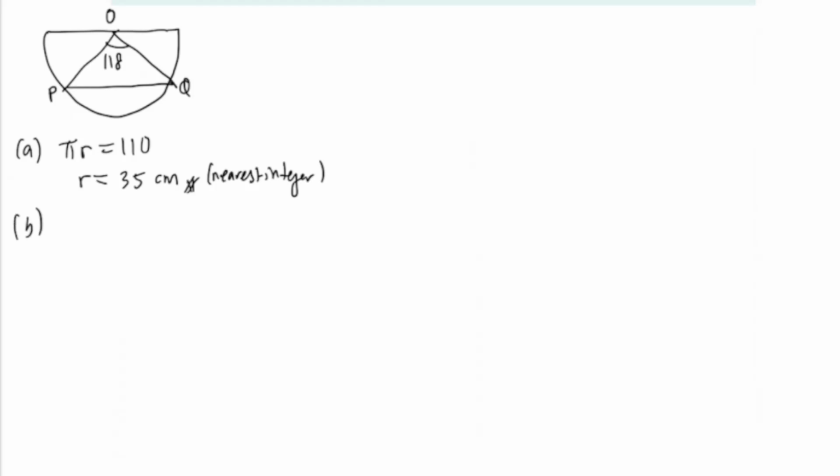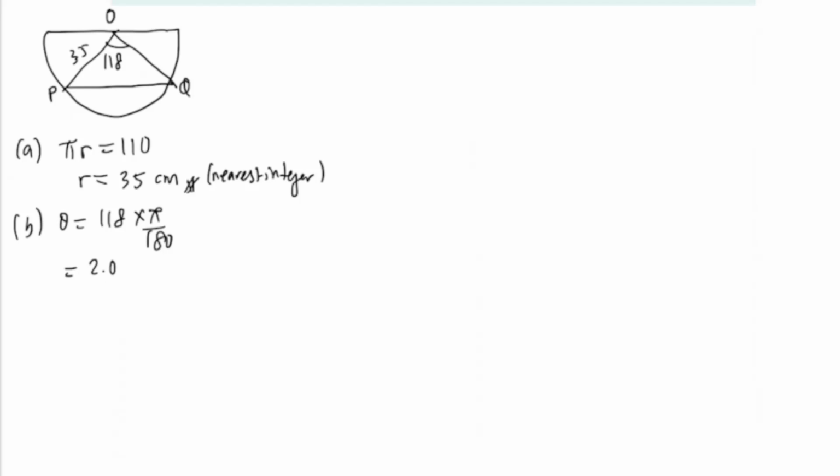Second one. You're supposed to find the area of sector POQ. We know the radius is 35, so we can use half r squared theta. Again, to make my answer similar to the textbook, I will just round off. Like I say, the textbook tends to round theta, times pi over 180, first before they do the rest.